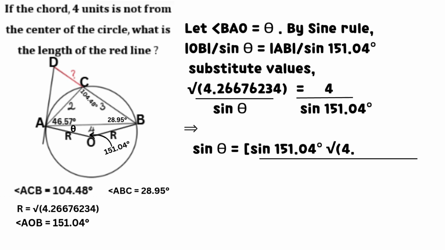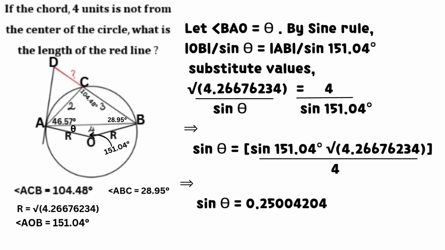Substitute values and we have that the square root of 4.266762234 divided by sine theta equals 4 divided by sine 151.04 degrees. Cross multiply and make sine theta the subject of the formula. It implies that sine theta equals 0.25004204 after simplification of substituted values.